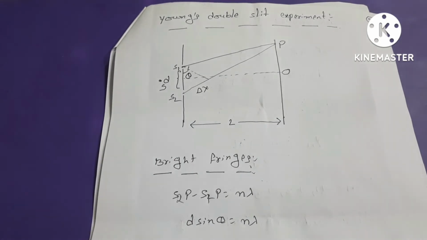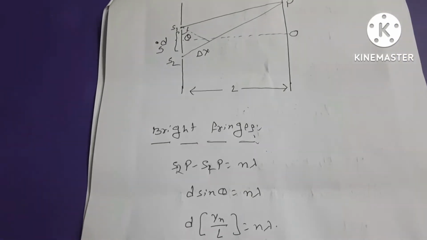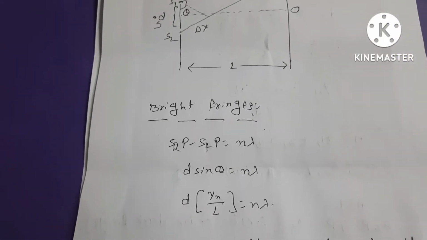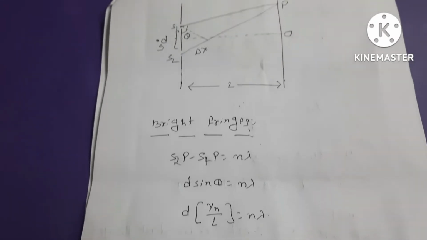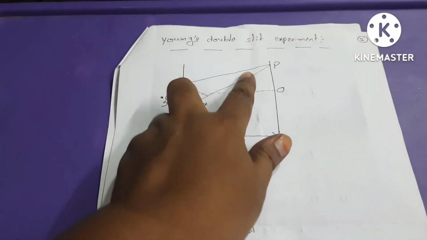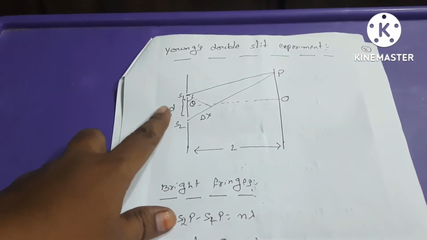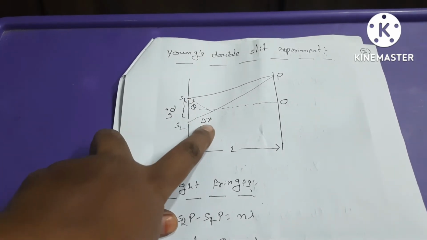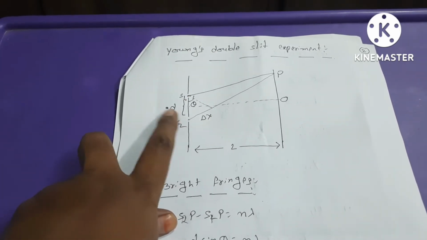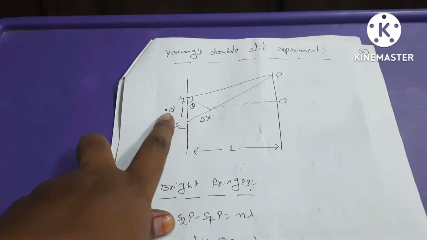Here we get alternate bright and dark fringes. For bright fringes, what is the condition? The path difference S2P minus S1P, where this is S2P and this is S1P. We can write the path difference as delta x, or d sine theta.